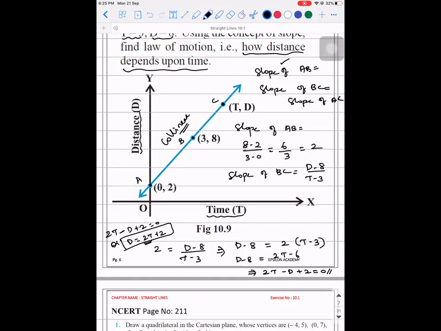Both of them represent the same. Okay. I hope it is clear.